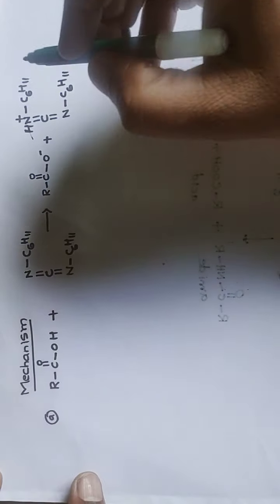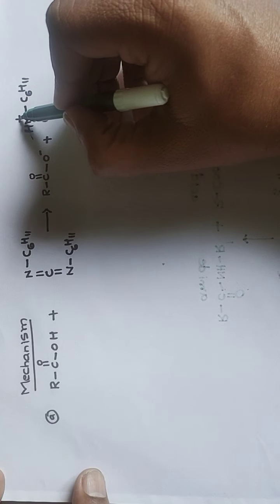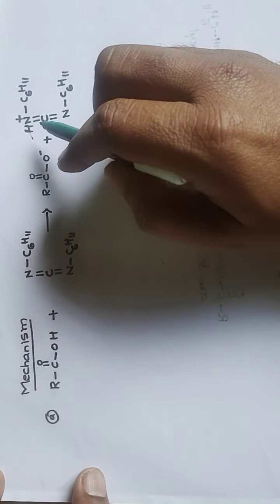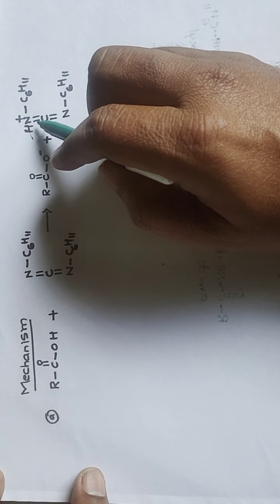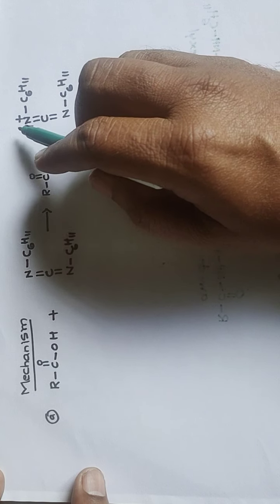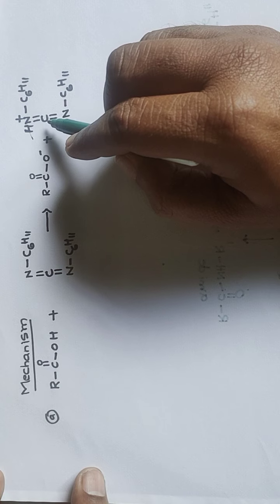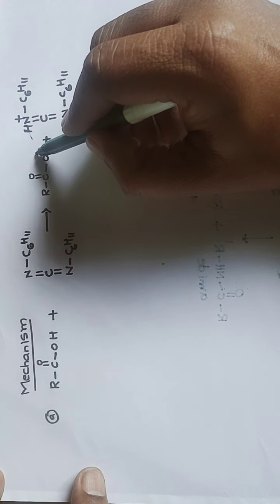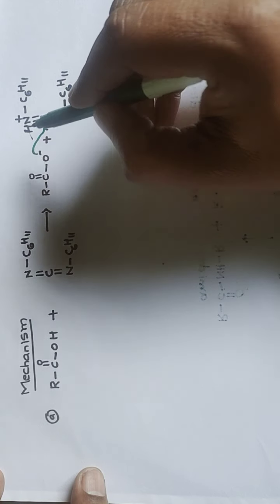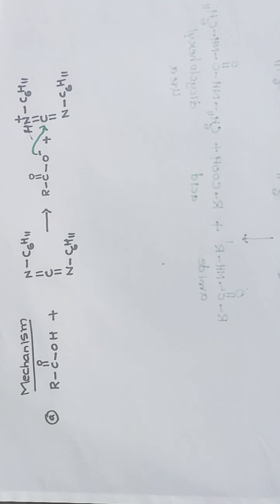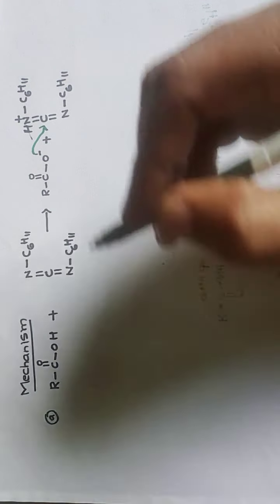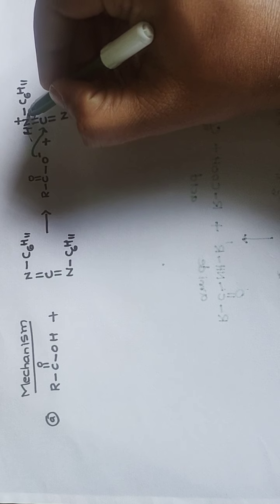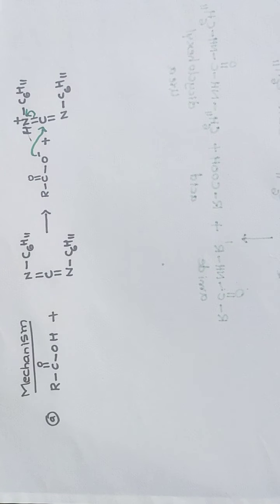Okay, next what happens is, since this nitrogen carries a positive charge, it pulls the pi electrons towards itself. As a result, this carbon will be positively charged, so hence this oxygen attacks this carbon. That is, the negative charge on the oxygen attacks the carbon, and this electron shifts here.